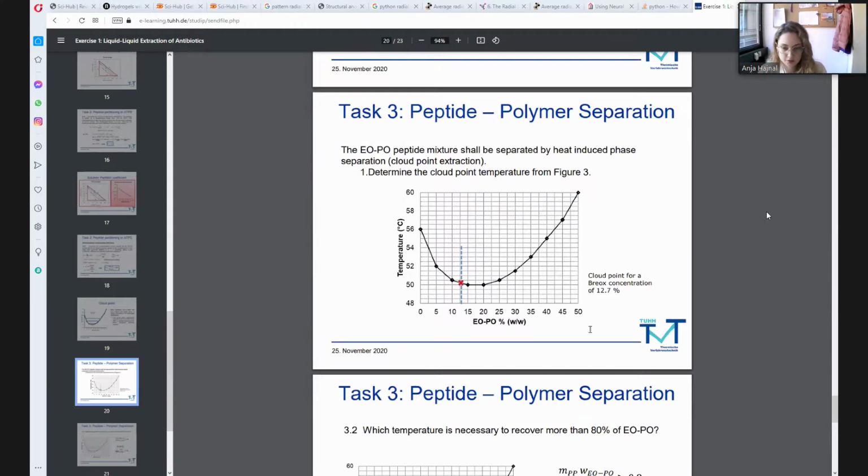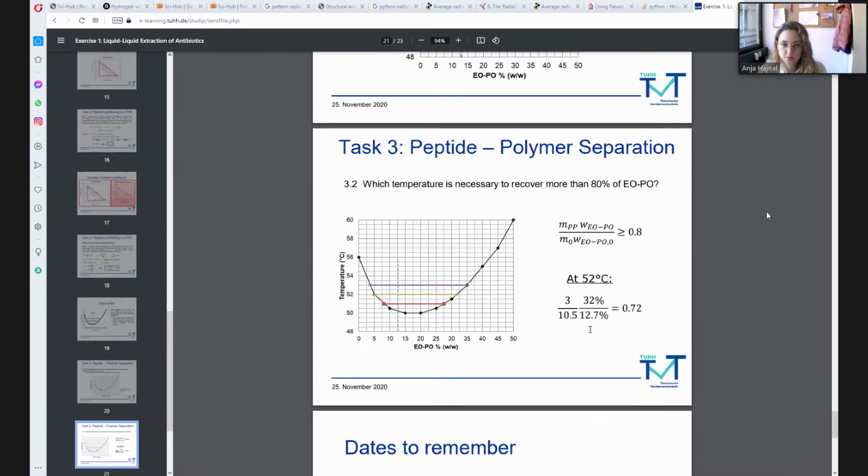So this is the first part of the question. And in the second part of the question, we need to use this diagram to determine at which temperature we need to recover more than 80% of EOPO. Now, we need to get our EOPO, as I said, from this EOPO water product mixture.